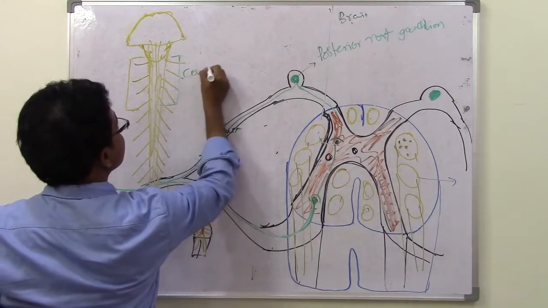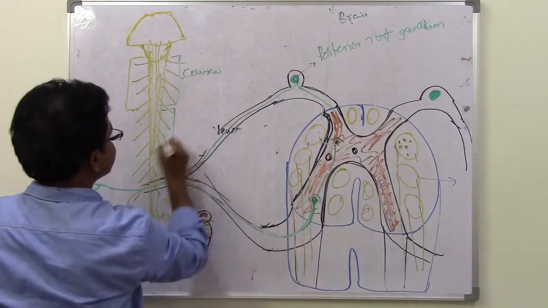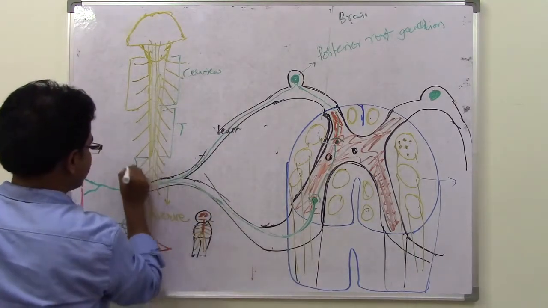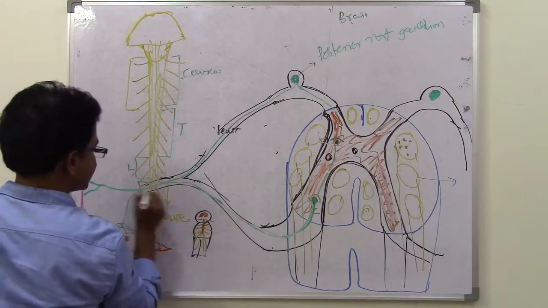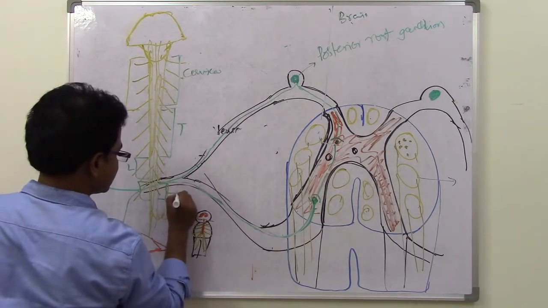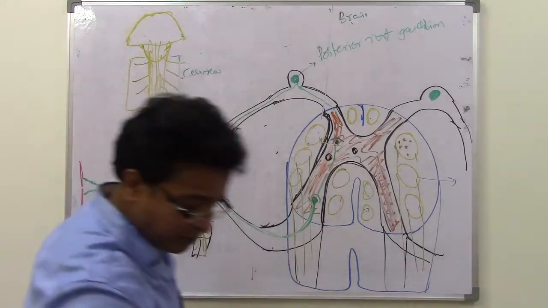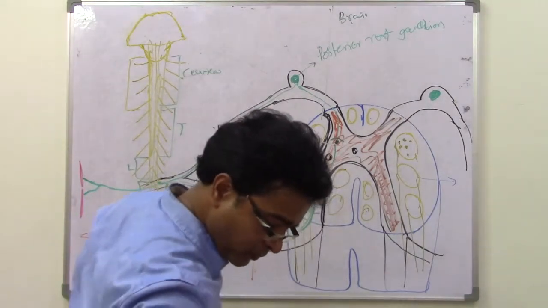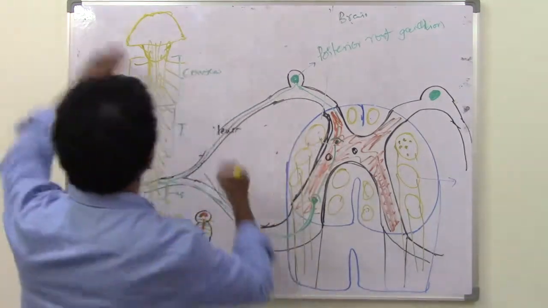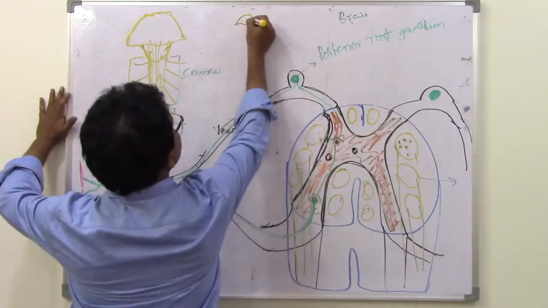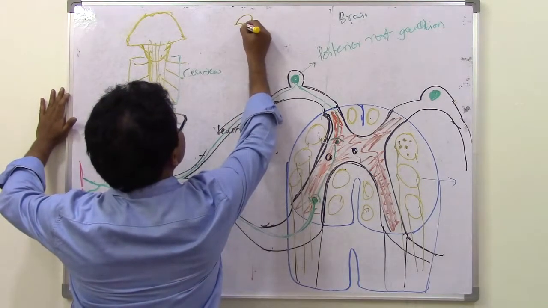cervical, thoracic, lumbar, sacral, and coccygeal. Okay, so you take a miniature of this. This spinal cord, brain stem.